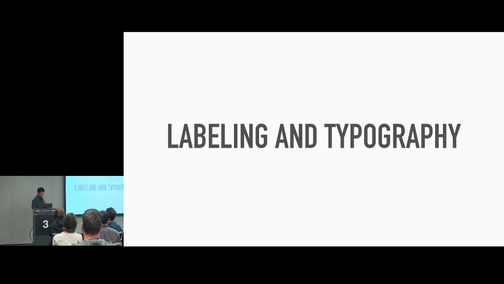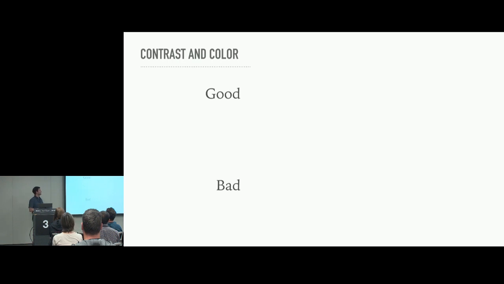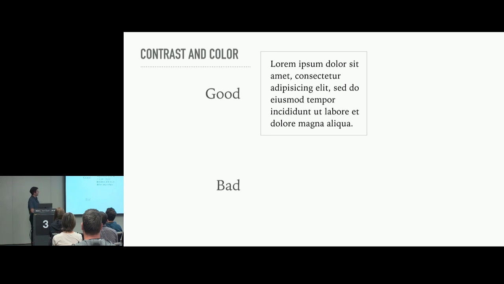So let's look at labeling and typography. Just start with some simple things, contrast and color. Obviously you should have a good contrast, typically black on a white background for clear readability. I've seen there's some discussion back and forth on this.